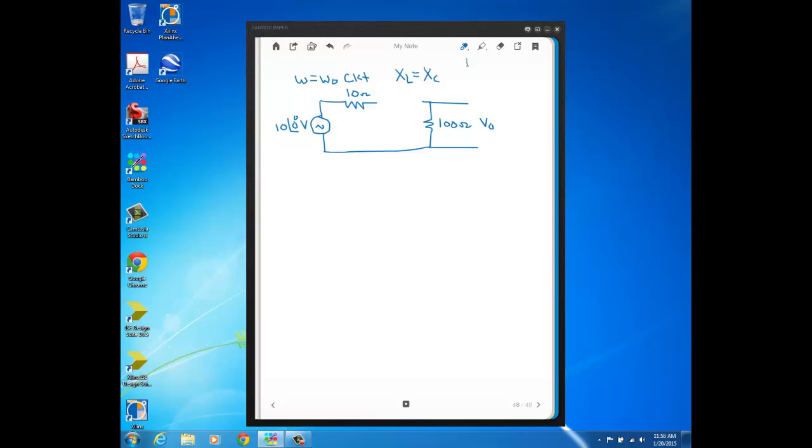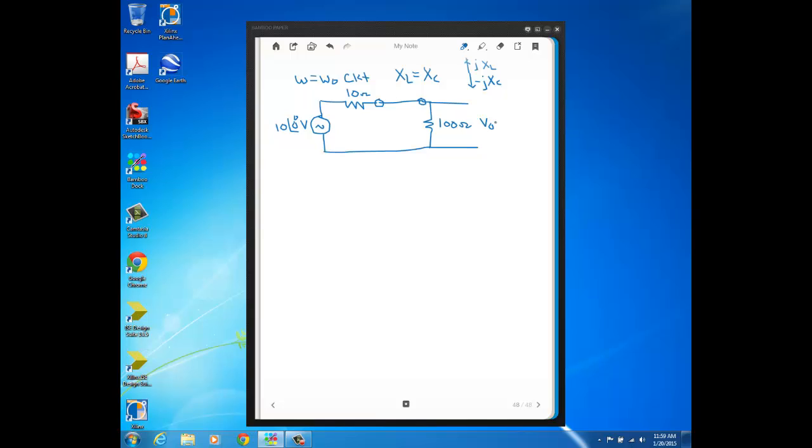Since XL is on the plus j axis and XC is on the minus j axis, if they're equal, since they're 180 degrees apart, together in series we would add those, and when we add them they cancel out and have 0 ohms. So you see at the resonant frequency the capacitor and the inductor together act like a big old short.